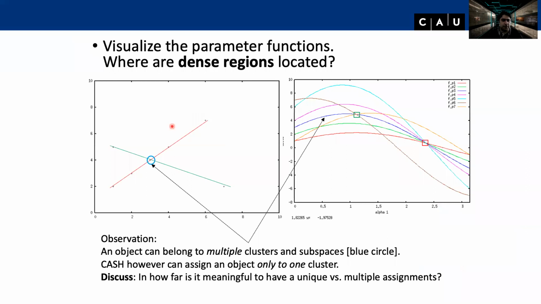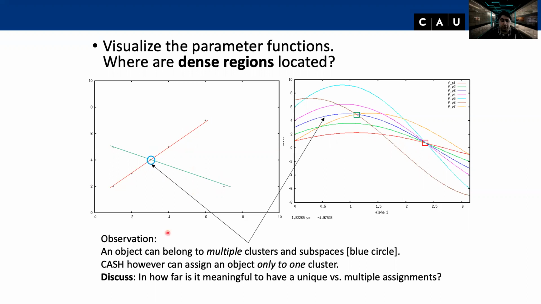And another thing that we have here, so consider this data set. These are 3 objects here and 1, 2, 3, 4, 5 here. This center object may belong to both lines. This blue circled object here, it may belong either to the green line, which we have here, or it may belong here to the red line that we have here.